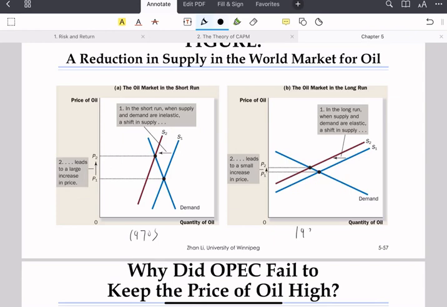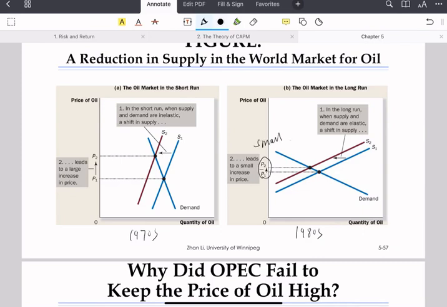And in the long run, that is in the 1980s, after 10 years, the demand curve will become flatter and the supply curve will become flatter. And in this case, you can see that the difference in price here is very small, right?